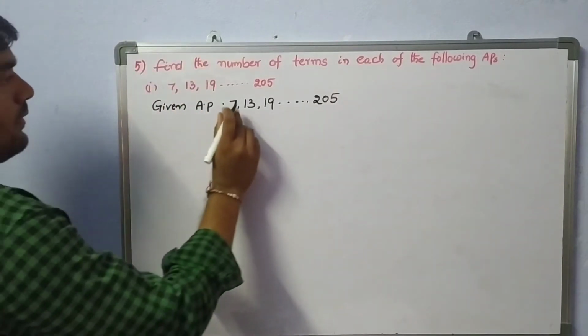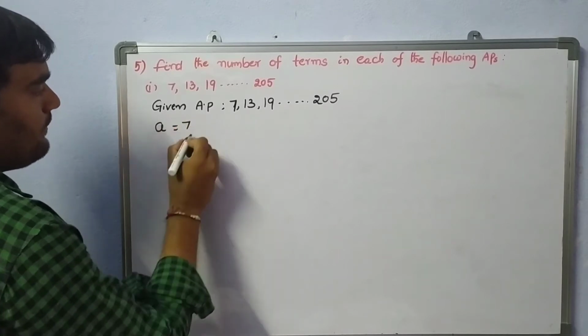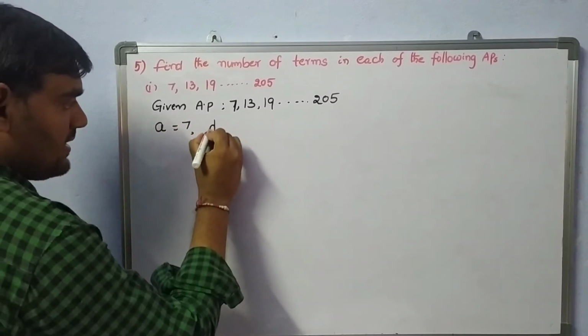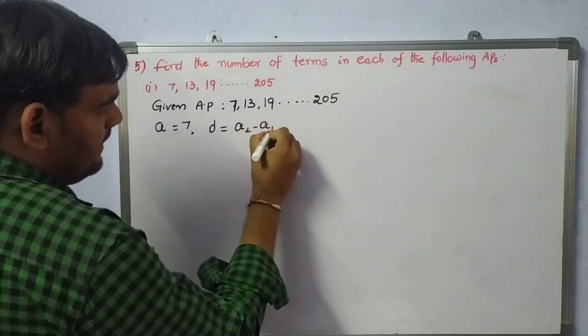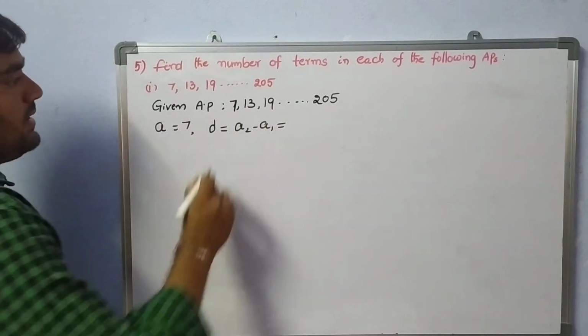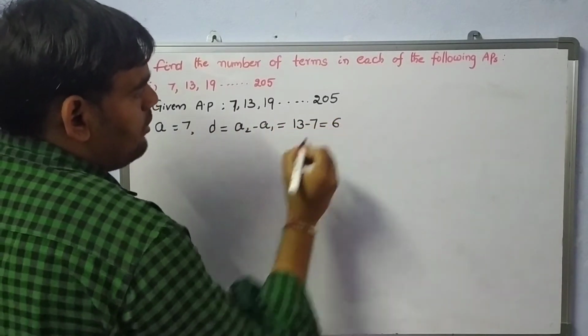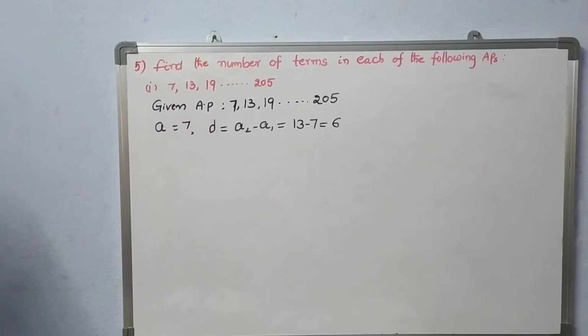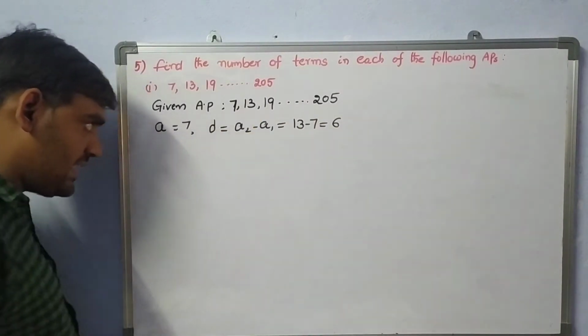So here the first term a is equal to 7. Next, the common difference d is equal to a2 minus a1, which is 13 minus 7, equal to 6.